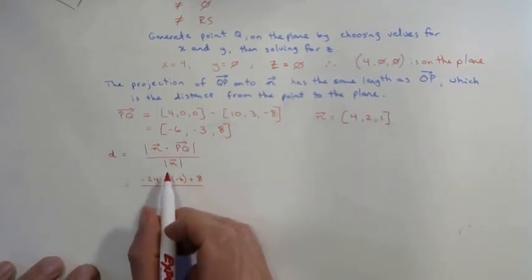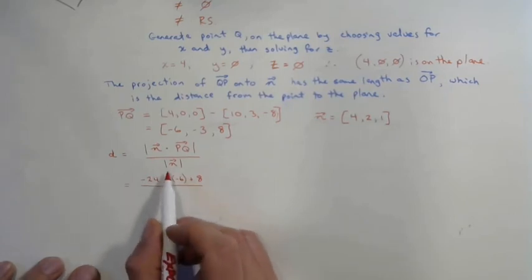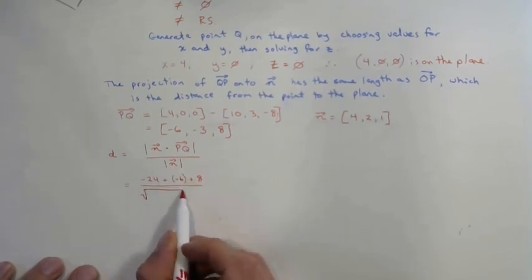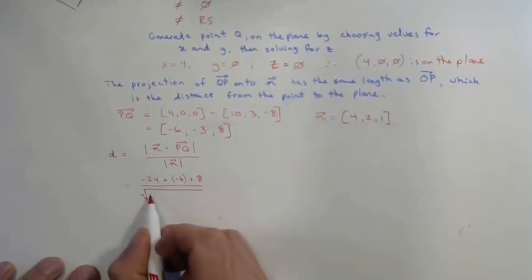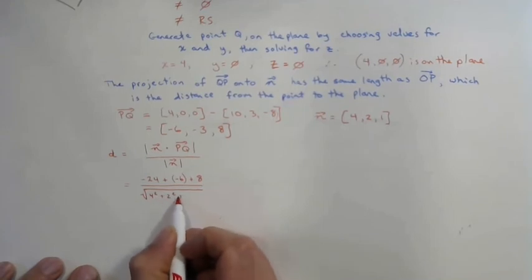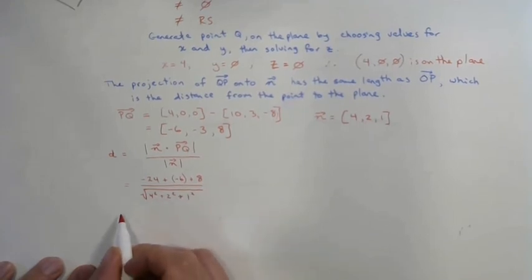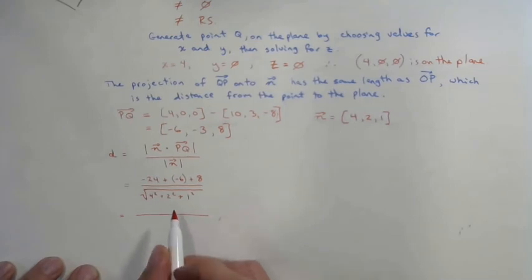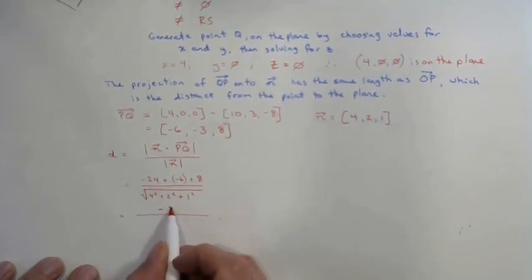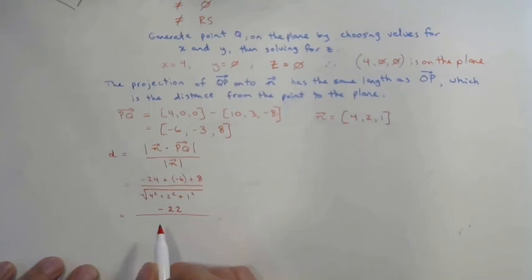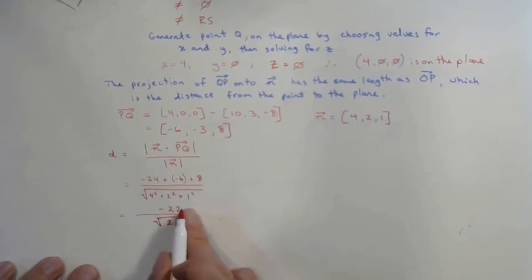And in the denominator, I have the magnitude of vector N, which is the square root of a squared plus b squared plus c squared. So I've got 4 squared plus 2 squared plus 1 squared. Next step, negative 24 minus 6 plus 8 is going to be negative 22, and the magnitude is taken. And here I'm going to have 16 plus 4 plus 1, that's 21, radical 21 in the denominator.